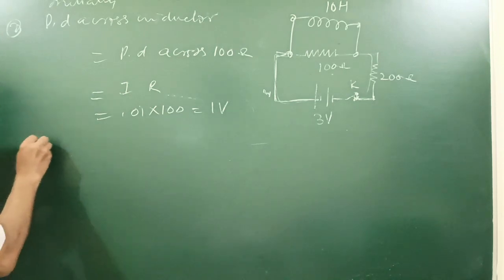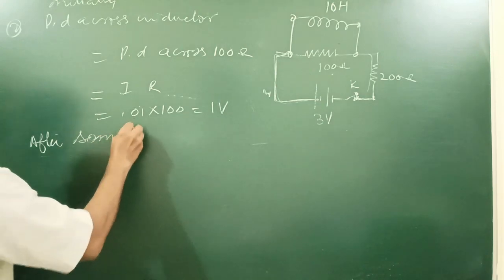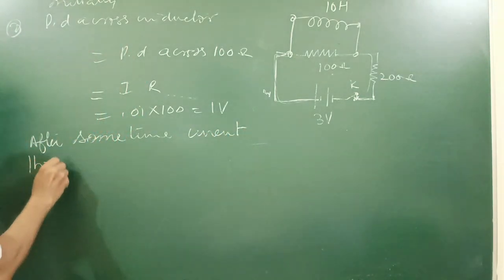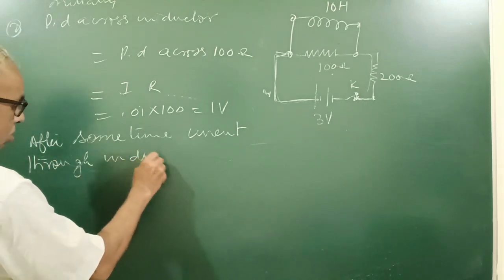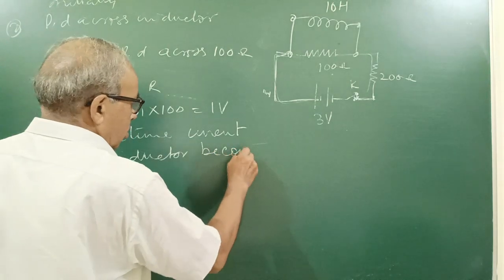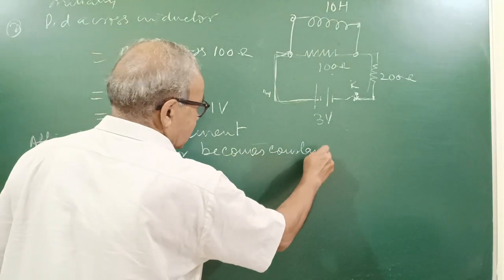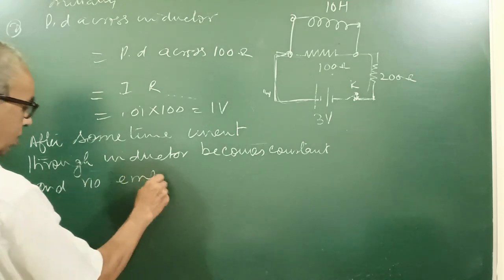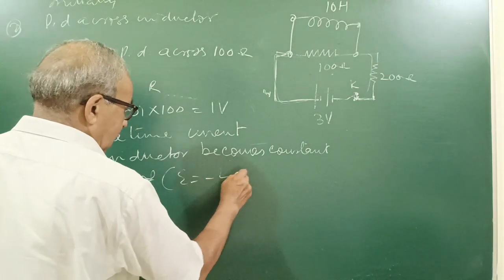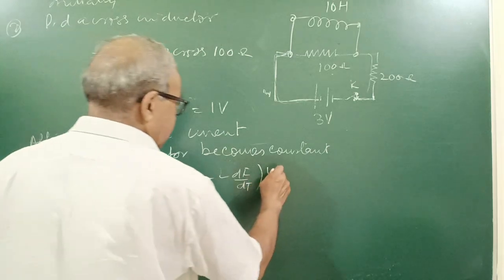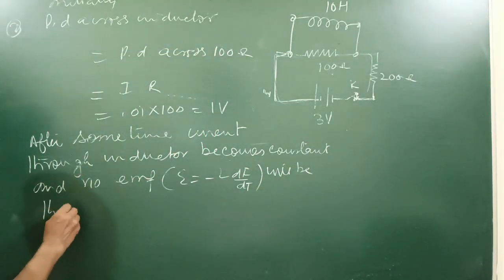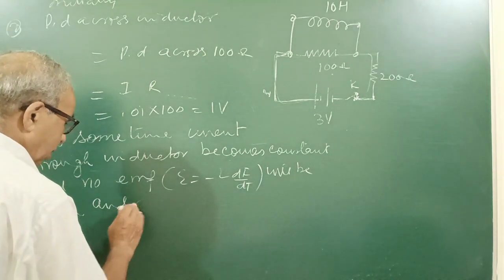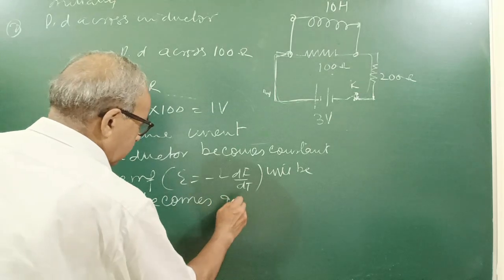After some time, the current through the inductor becomes constant and no EMF, E equal to minus L di over dt, will be there, and it becomes a good conductor.